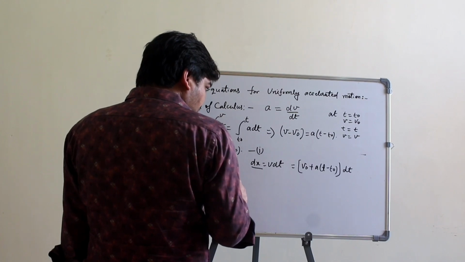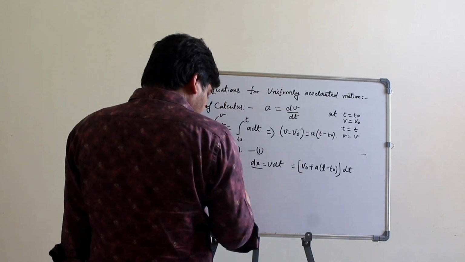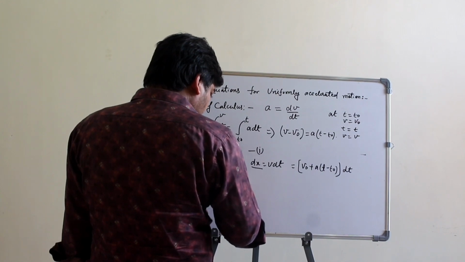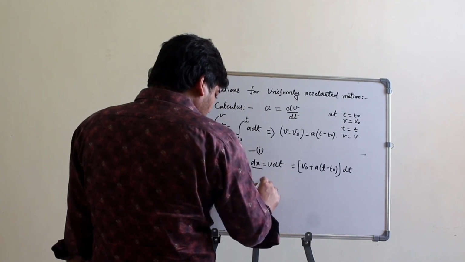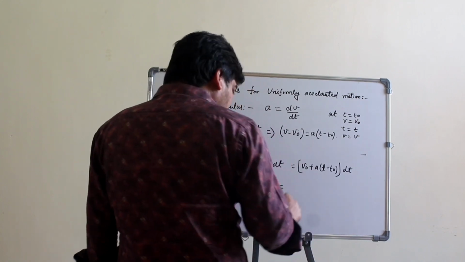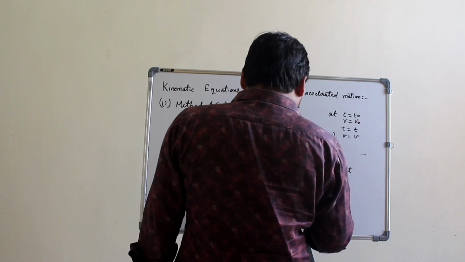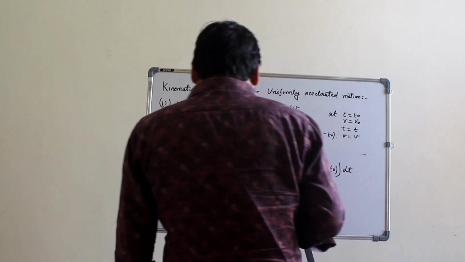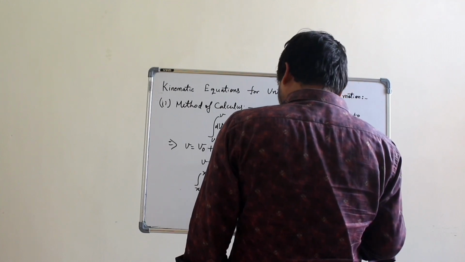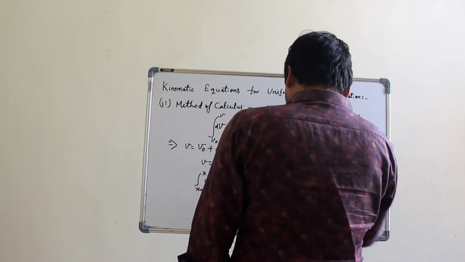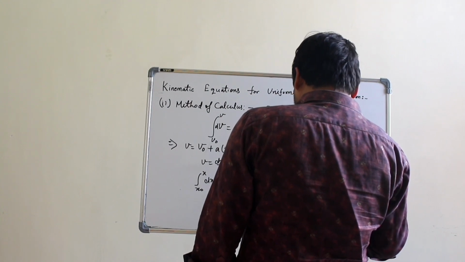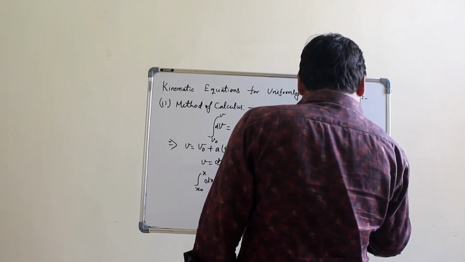So how much are you getting? You will get the integral from t naught to t of v naught plus a times t minus t naught, dt, giving you v naught into t minus t naught, and then a into t minus t naught whole square divided by 2.